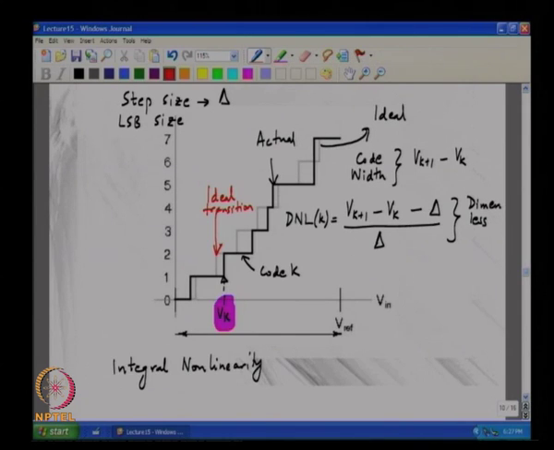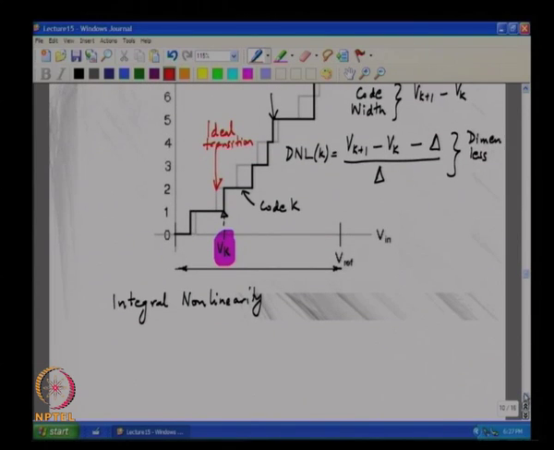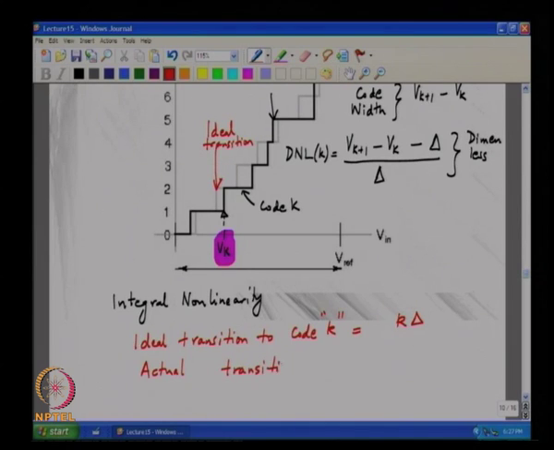So, the ideal transition for code k should be at what input voltage? So, if this is code k, the ideal transition must be at k times delta, but the actual one is Vk.